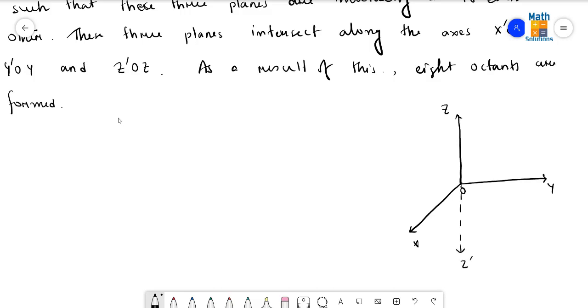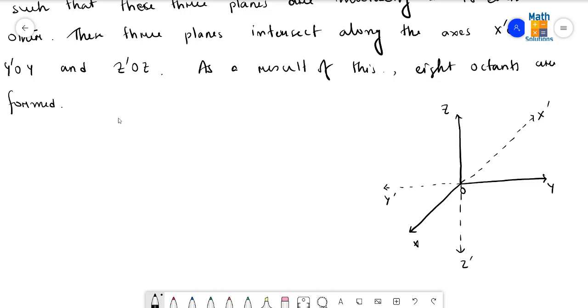Z', this is when extended, x-axis when extended, X', this is when extended up to this Y'. So ultimately, as a result of this, we shall be getting 8 octants.